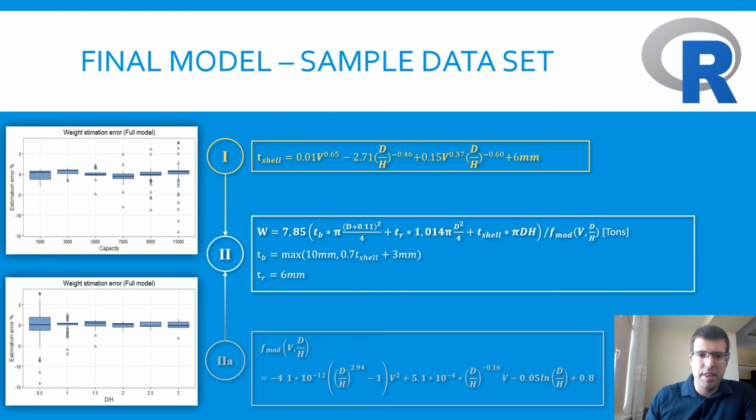Once we determine that, that goes into the weight formula, determined by the geometry of the tank. And once we calculate this part of the function, we modify it using the fmod function, which, as I said, accounts for other things that are not covered by this model. The fmod function, determined as per the real-world tank data, is contained here.